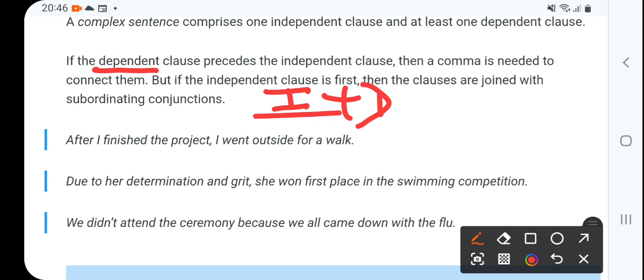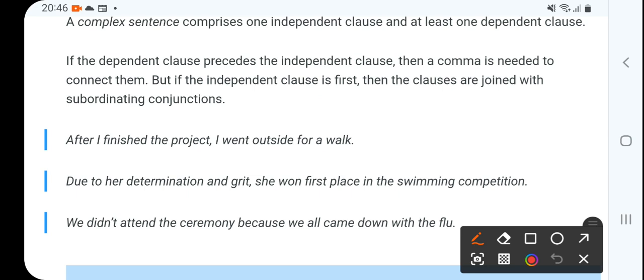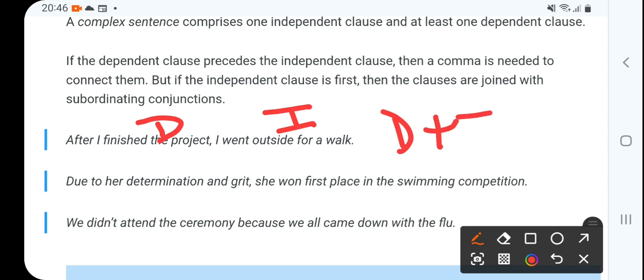When the dependent clause precedes the independent clause, meaning first D and then I, a comma is needed to connect them.